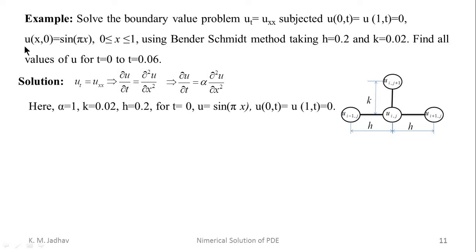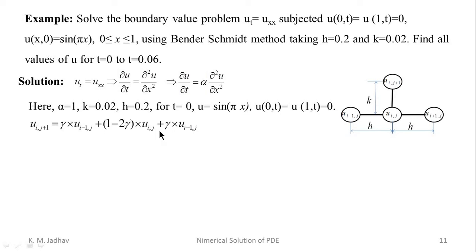It means that the value of u when t is equal to 0 is given by sin of pi into x. So here it is written for t equal to 0, u is equal to sin(πx). Then it is given u(0, t), meaning values of u when x is equal to 0, which is also equal to values of u when x is equal to 1, and which is equal to 0. So it is written here.